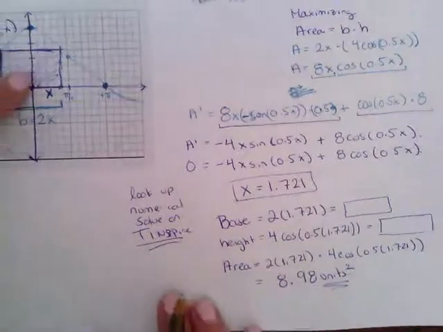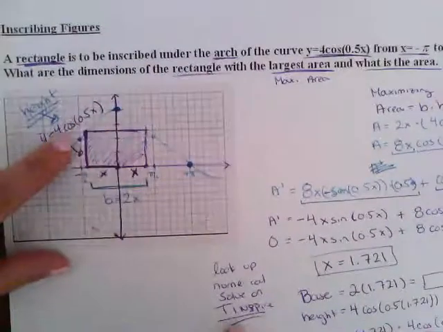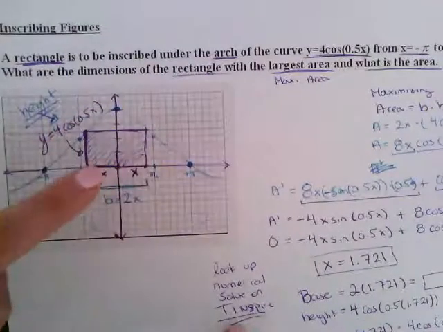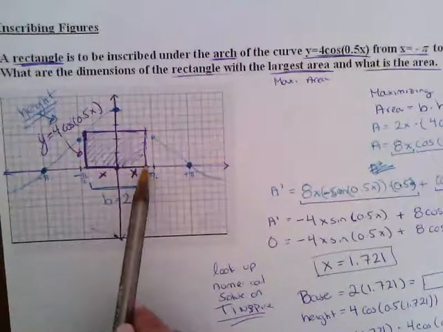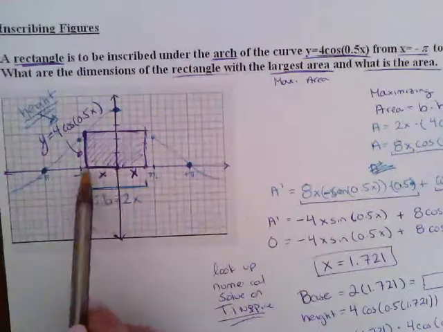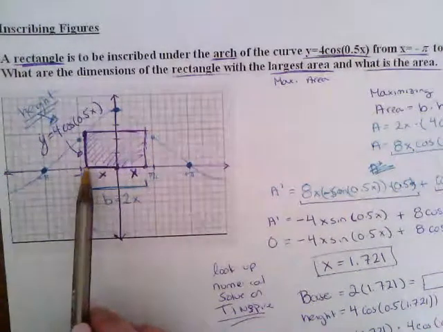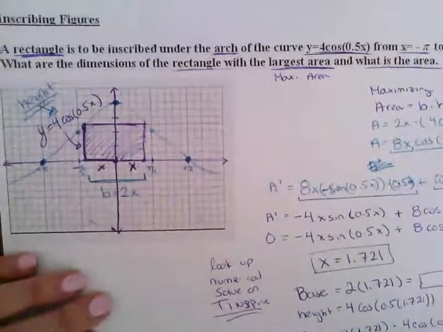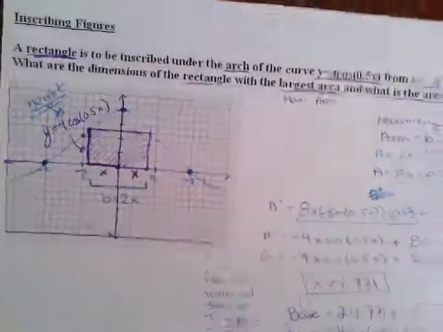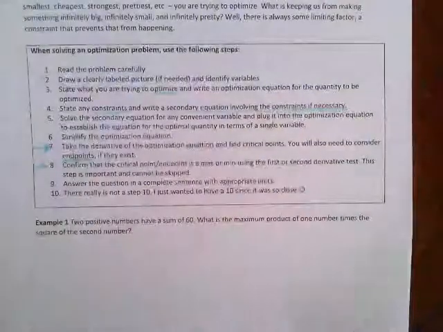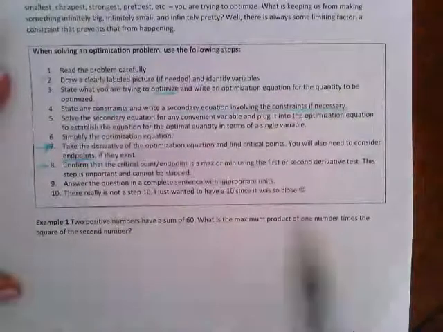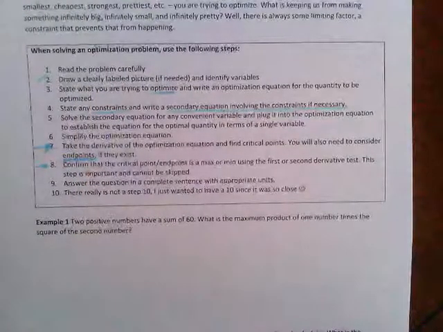So the biggest rectangle that can go underneath this curve has an area of 8.98, which means that the length from here to here is going to be 1.721, and from here to here it's going to be 1.721. Alright? Okay, so in class I showed you these steps, which are a little bit more elaborate than the ones that were given in the notes earlier.